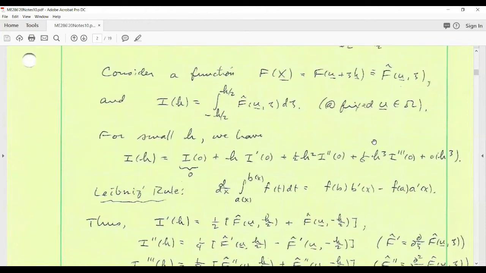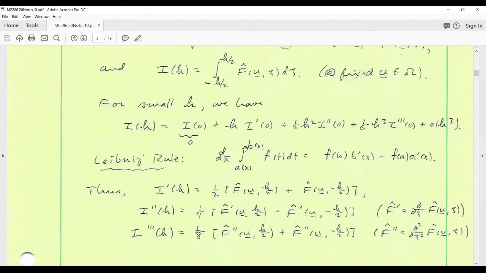Okay, so this procedure requires that we take a derivative of I with respect to h. In other words, we take a derivative of the integral with respect to the limits, right? And there's a well-known rule to handle that called the Leibniz Rule, which I'm sure you've heard about and long since forgotten.